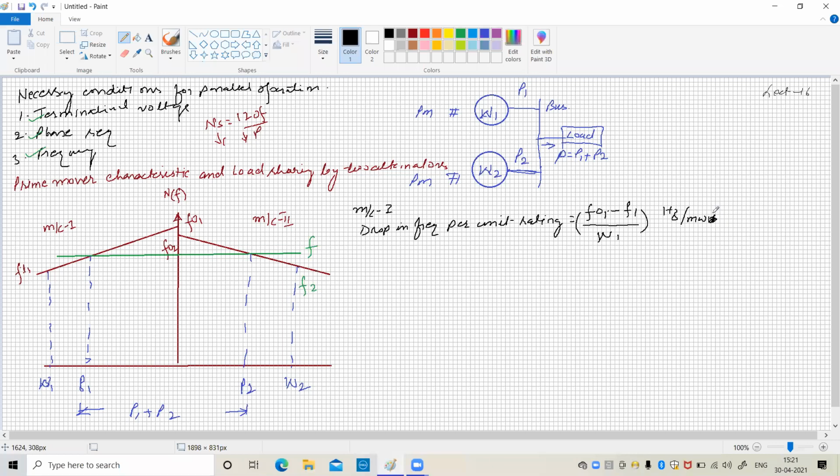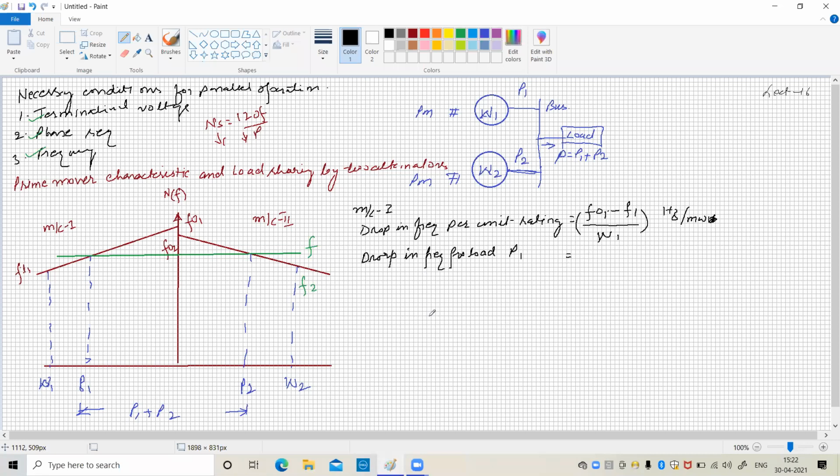Similarly, the drop in frequency for the load P1 is the drop per rated value multiplied by the load shared by alternator 1.